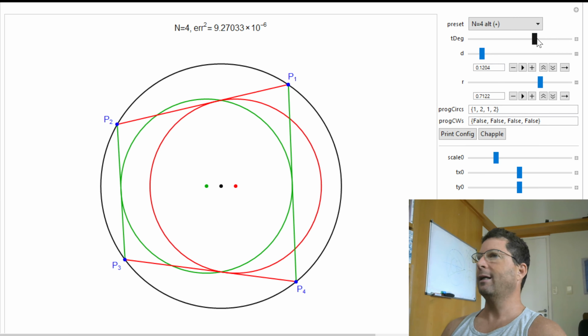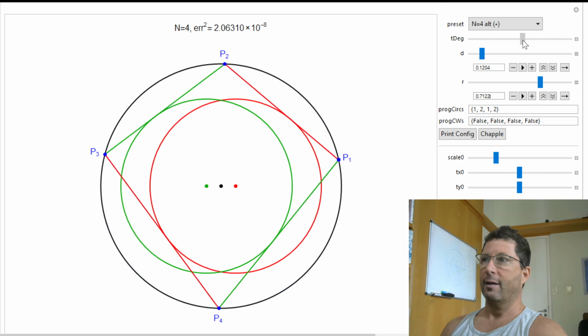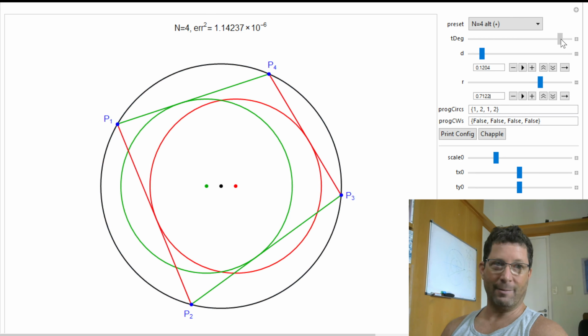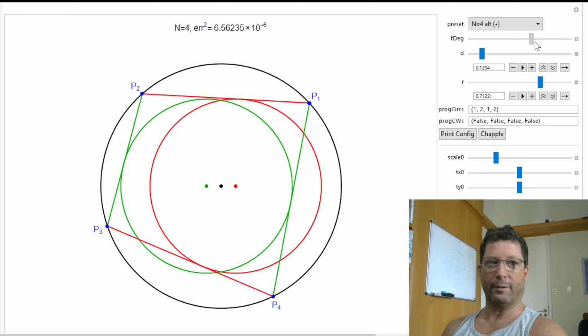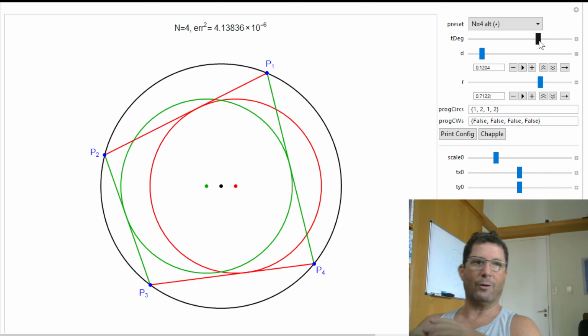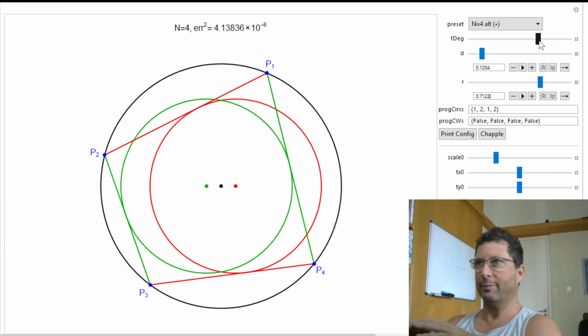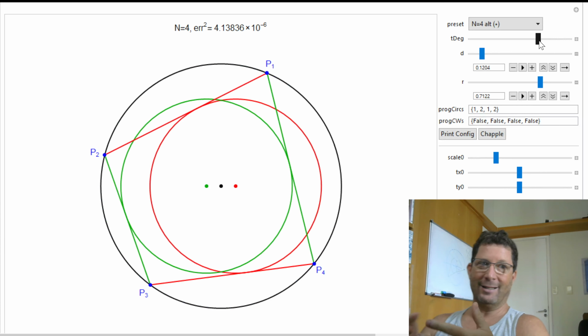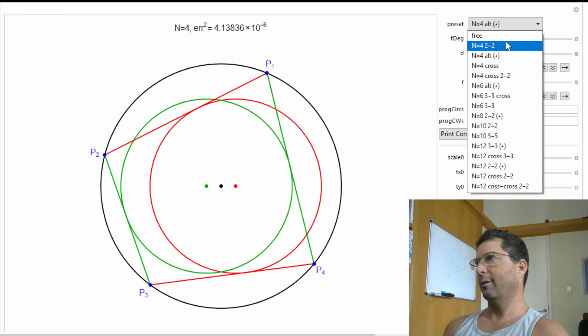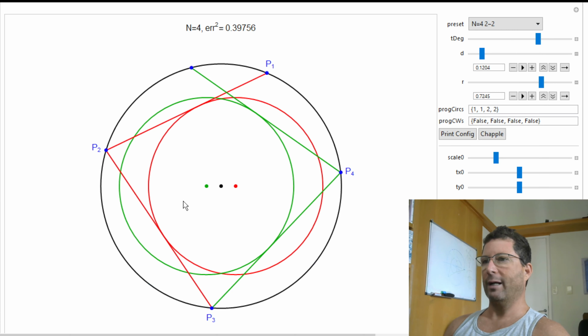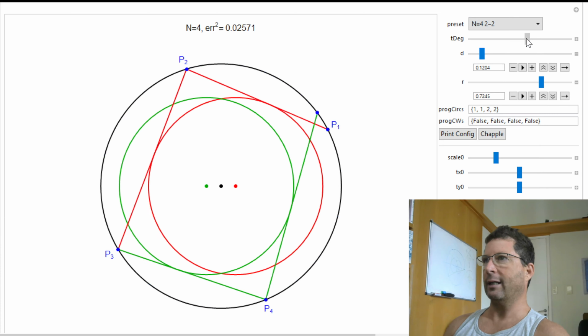So now we can see here that for this particular choice of tangencies, I have this sort of quasi-maintenance of the porism, not perfect. So there's obviously something going on here with this particular map that maintains closure, whereas this other map here, when I actually do red, red, green, green, I cannot maintain that.